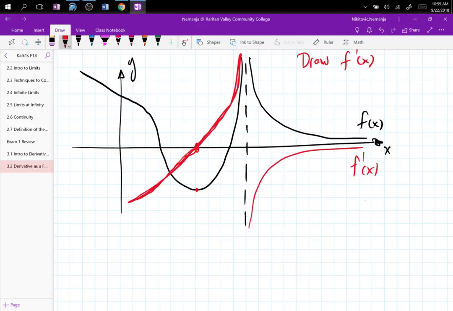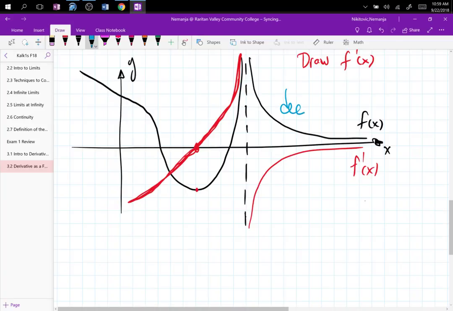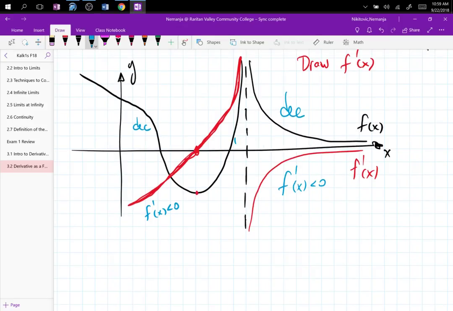Now remember, a decreasing function means the derivative better be negative. Over here, decreasing function, this part of the derivative is negative, under the x-axis, and on this side we have the function increasing and we have the derivative be positive, which means above the x-axis.